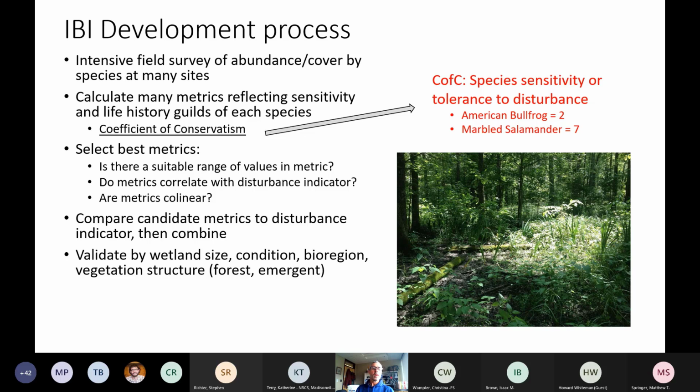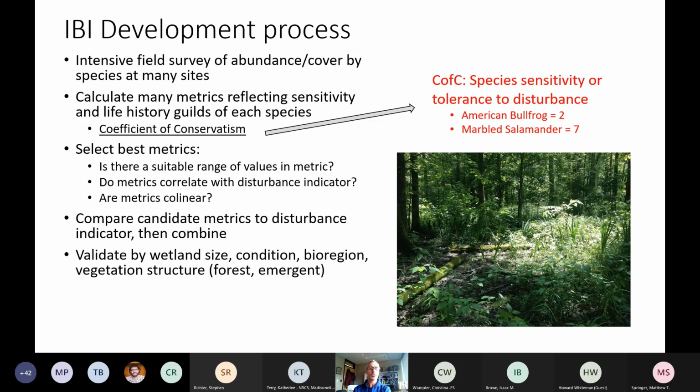So all three of these methods are based first on an intensive field survey that usually takes a day, potentially more, and actually less with the bird surveys. But an intensive field survey where you're identifying all the species within the taxonomic group that you detect, and then measuring either the abundance, or in the case of plants, the cover of each of those species.